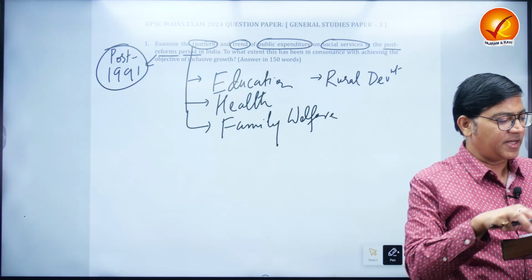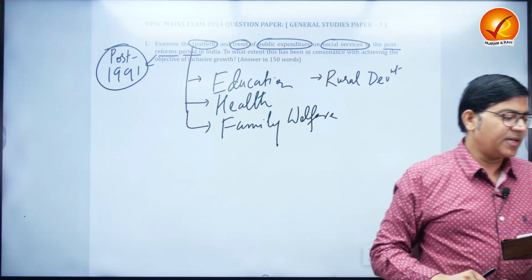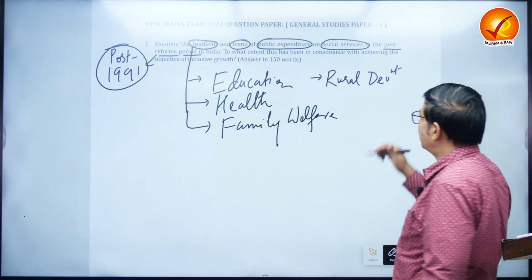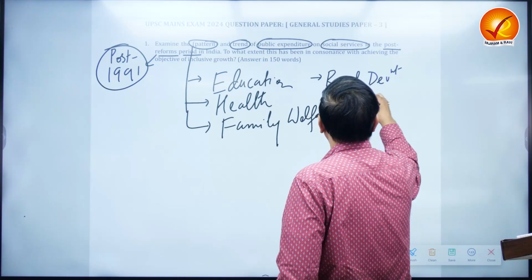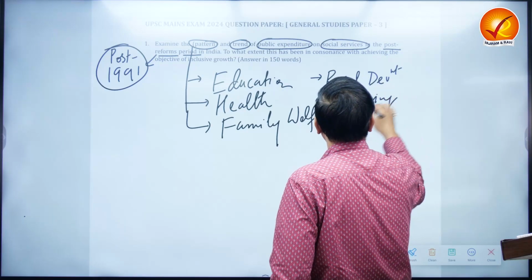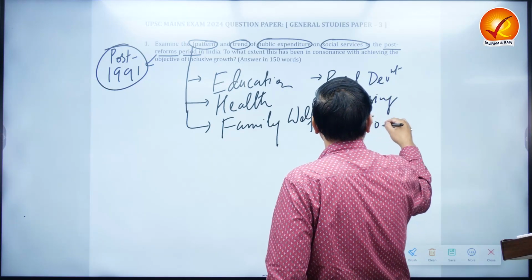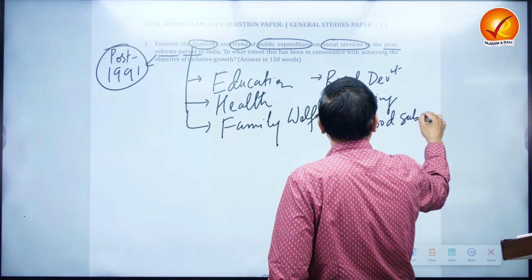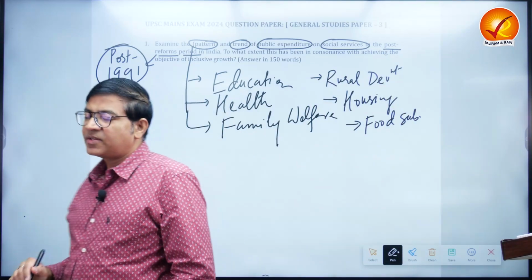I'll give you some data related to that as well. Even here you can include housing, food subsidy. These expenditures can all be regarded as the types of social services.